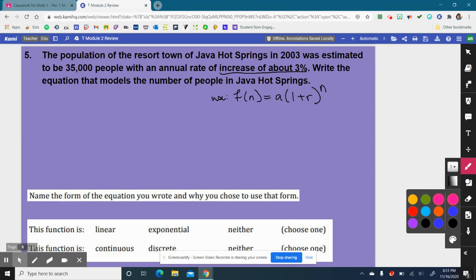So we need to figure out our a value. Well, we began with 35,000 people. So A is 35,000. Now, our R value is the percent here, 3%. But we have to change this 3% into a decimal.